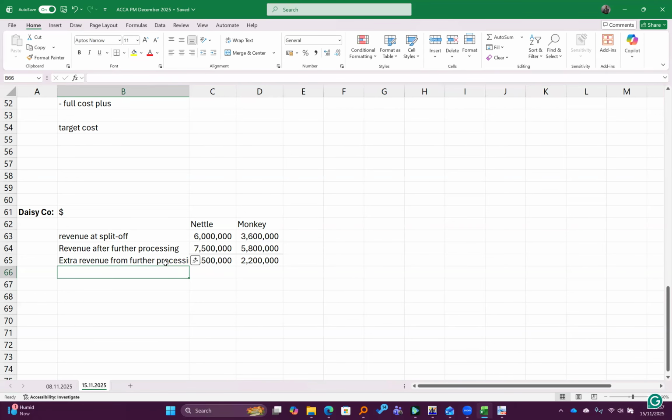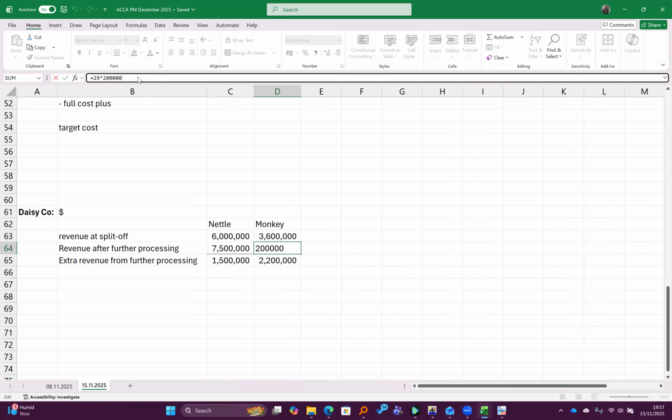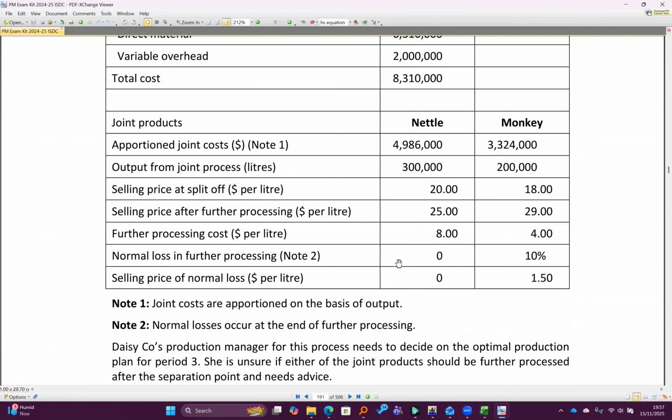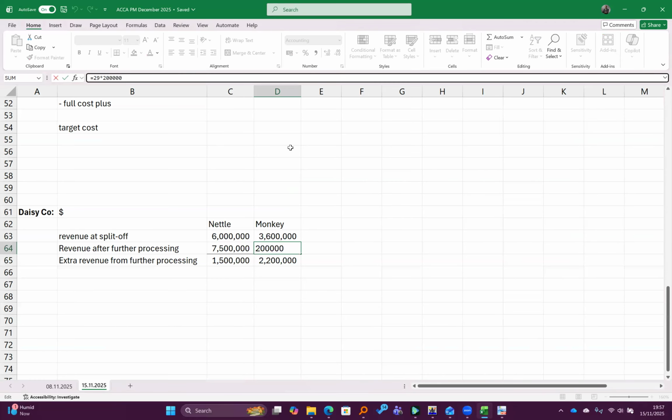But something you might have noticed, we have not yet considered the fact that here, when you process further, you have some loss. So they say that there is a normal loss of 10%, which means that here we are going to actually get 90%.